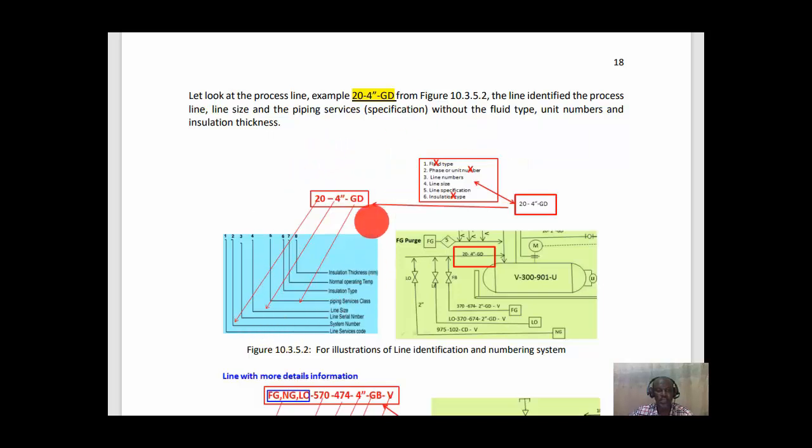A close look at this identification shows that it contains just a few pieces of information about the line. The information present is the flow type, the phase or unit number, and the installation type. It does not contain the line number, the line size, and so on.